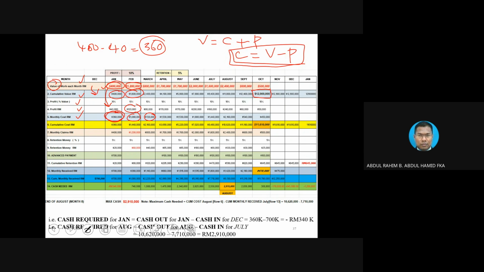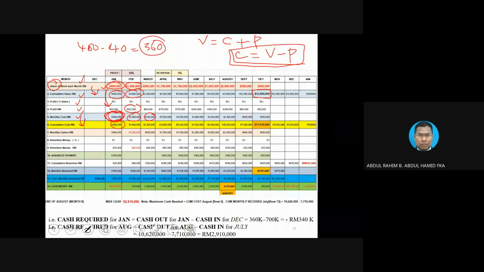Now, monthly cost distribution, you already know. Then, row number 6, cumulative costs. Convert the monthly cost into cumulative costs. Here, this is an easy one. So 360, you convert into cumulative.